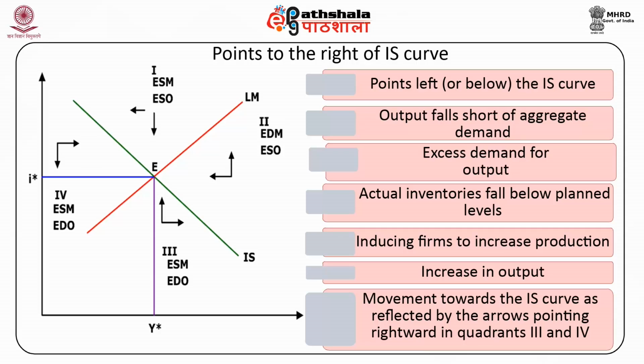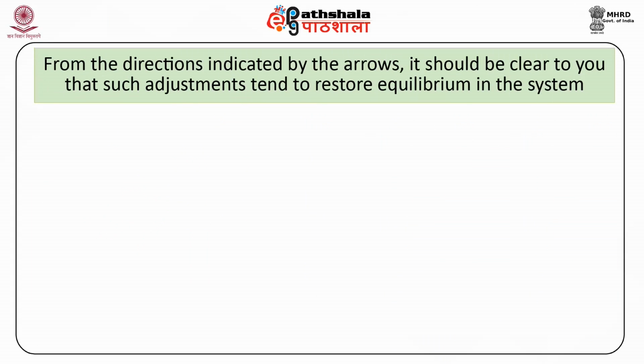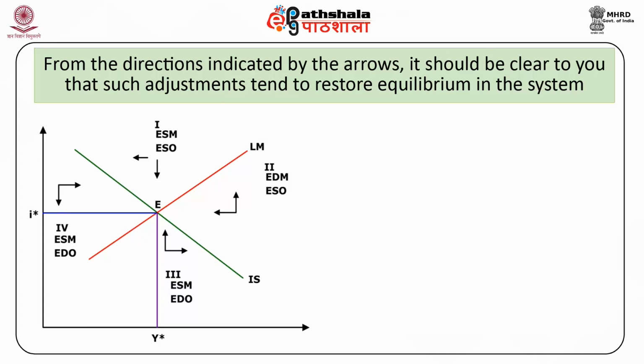This explains the kind of adjustments that would be observed starting from points of disequilibrium that are off the IS and LM curves. From the directions indicated by the arrows, it should be clear to you that such adjustments tend to restore equilibrium in the system.